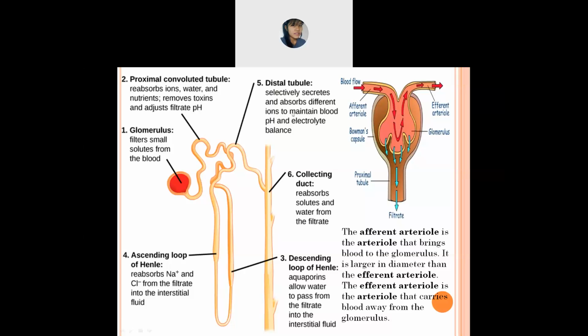Here they will select and they will secrete. They will absorb all the different ions like sodium, calcium. All this they will reabsorb, and they will try to maintain blood pH, the power of hydrogen, and electrolyte balance. So this is about the DCT, that is the distal convoluted tubule.